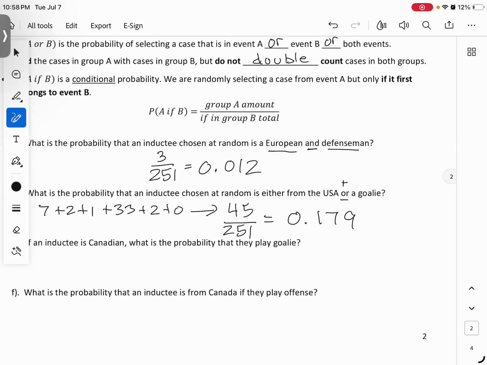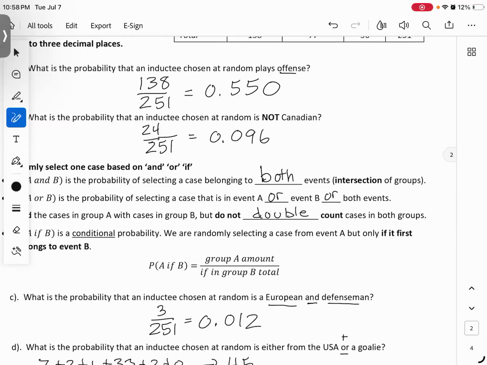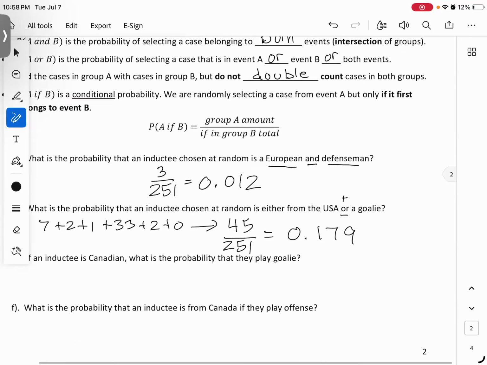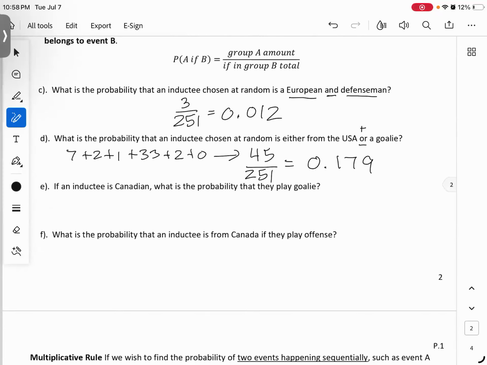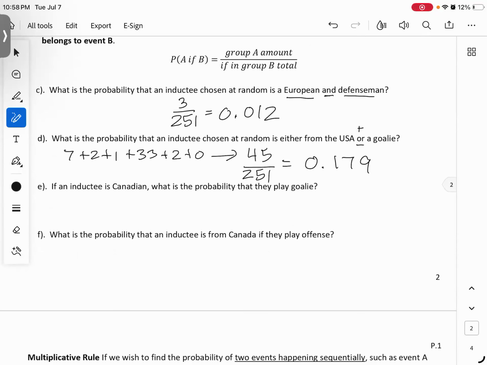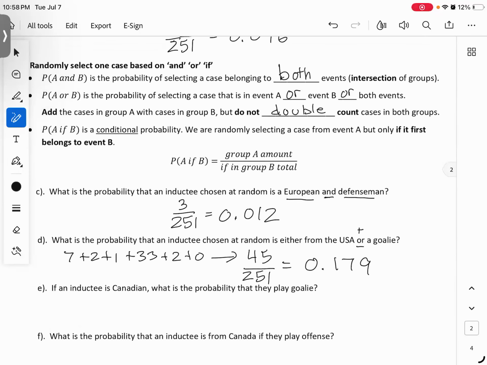Now, so far, I want you to notice that the denominator has been 251, 251, 251, 251. You're thinking, oh, I guess it's always going to be 251. And nope, there are also sometimes where it's considered a conditional probability. And what that means is that they're going to say, well, we only want to focus on a specific row or a specific column.